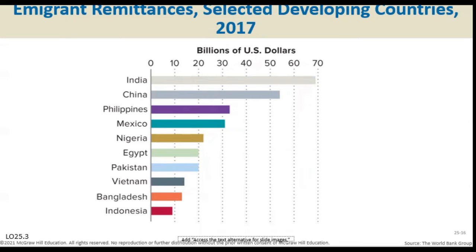And for some of these countries, the amount of remittances each year exceeds the direct foreign investment, right? Direct foreign investment is the economic investment by foreign individuals or firms in the country.